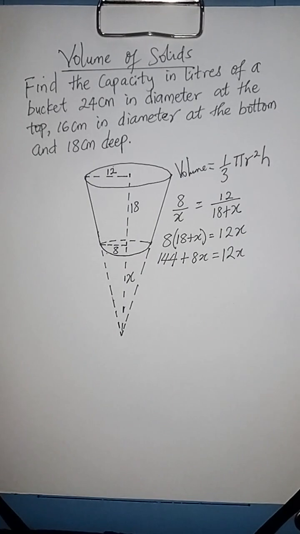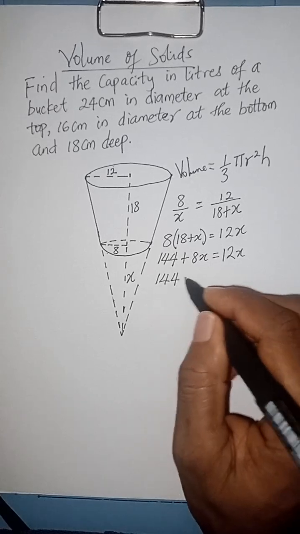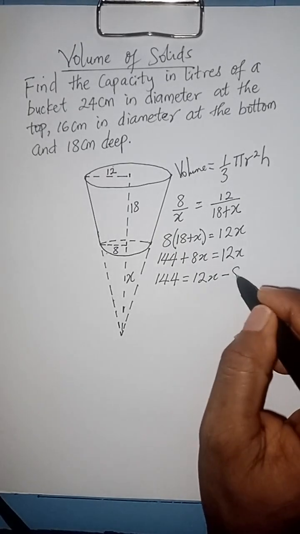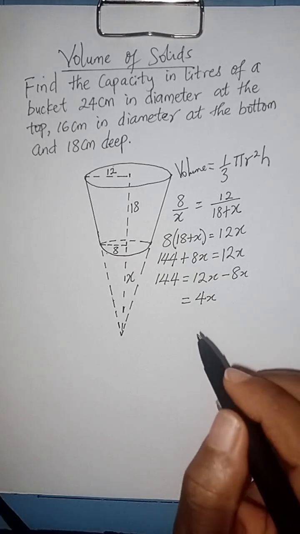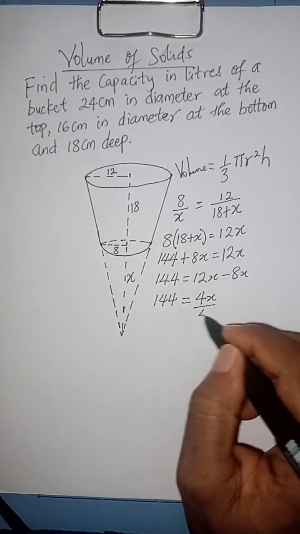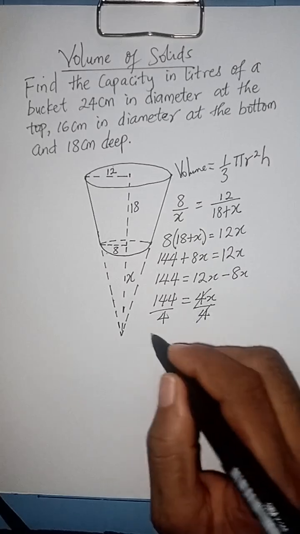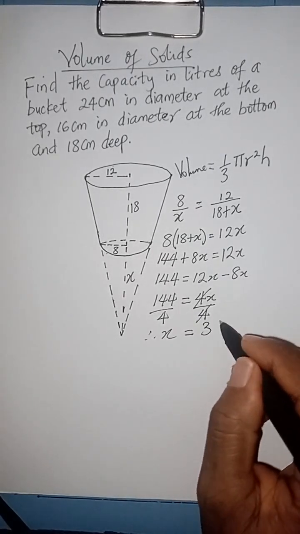What's the next step? Collect like terms. So it becomes 144. 8x will move to your right hand side. So that becomes 12x minus 8x, and this will give you 4x. 144 equals 4x. You divide both sides by the coefficient of x so as to get a value for x. Therefore, your x value is 36.